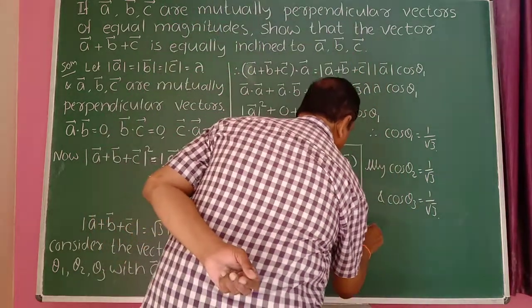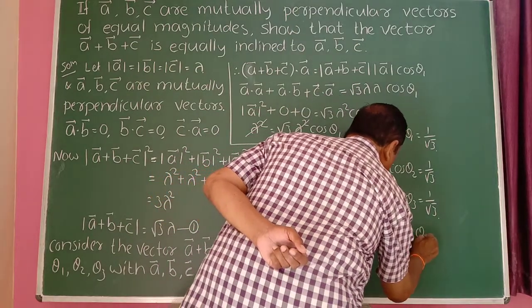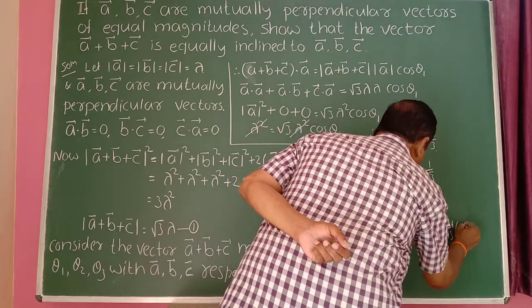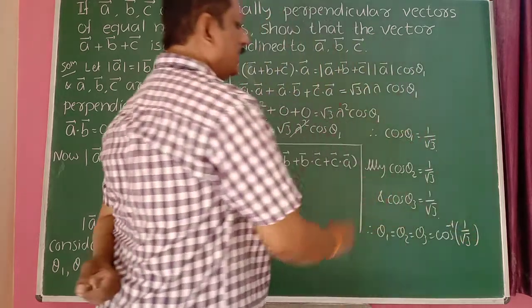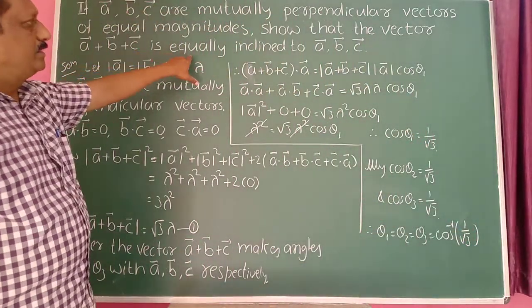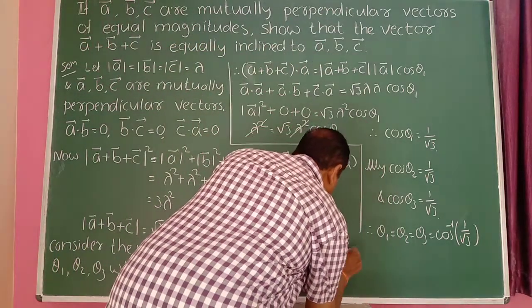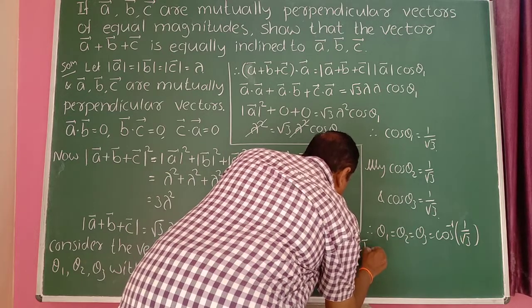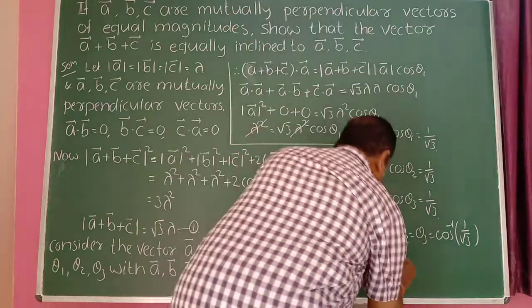Therefore, theta 1 is equal to theta 2 is equal to theta 3 is equal to cos inverse of 1 divided by root 3. So all the angles are equal here. Hence, this vector is equally inclined to the vectors A bar, B bar and C bar.